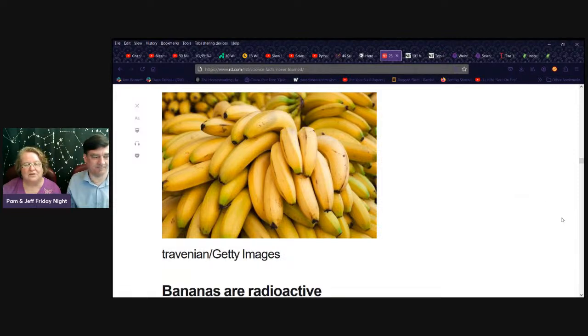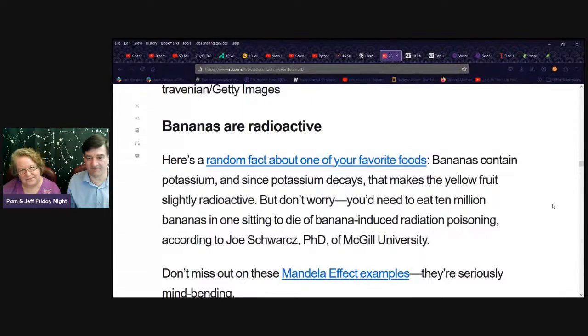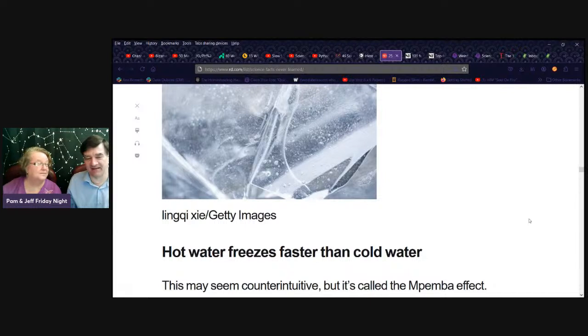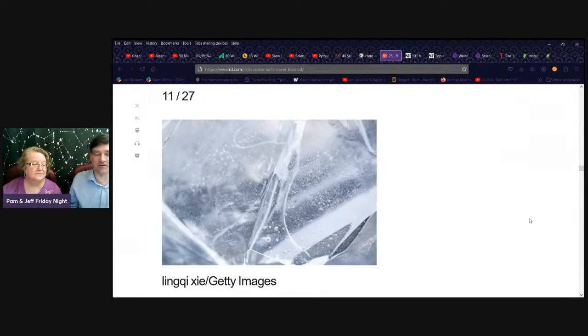So I told my friend in Canada about this. Bananas are radioactive, but not very. You'd have to eat an awful lot. Oh, here it is. 10 million bananas in one sitting to die of banana-induced radiation poisoning. I think you die of something else first. I think so too. Like exploding. Yes. But it's not like it matters too much, because there are several rocks.